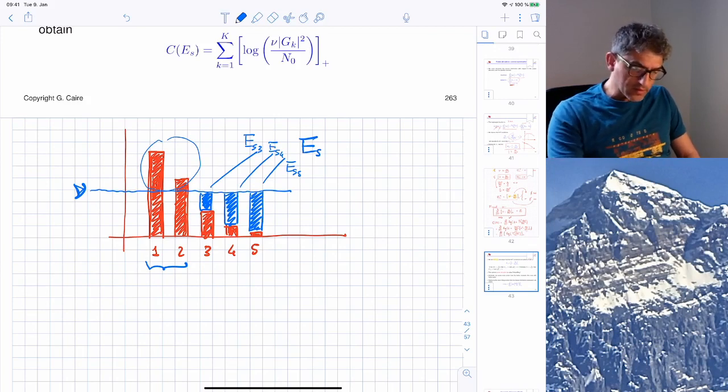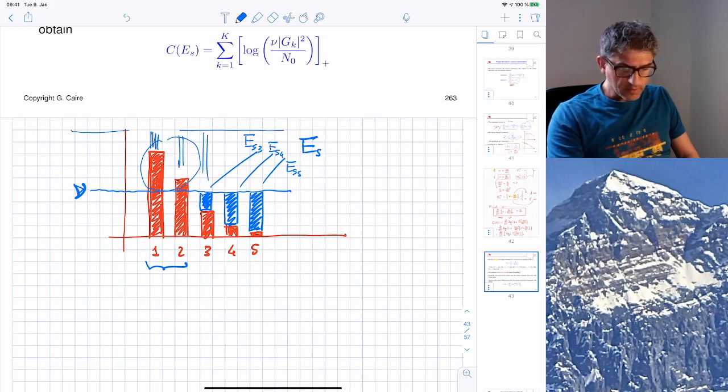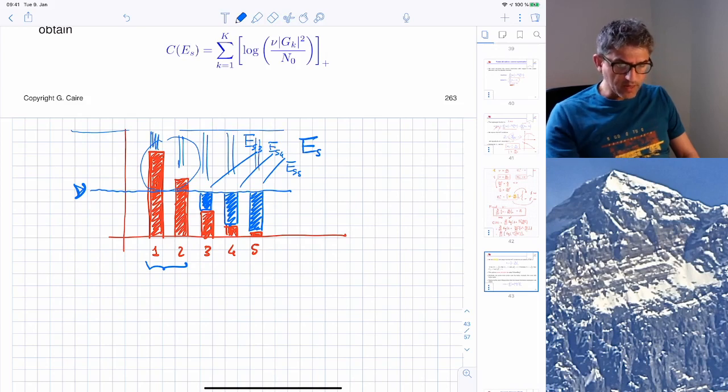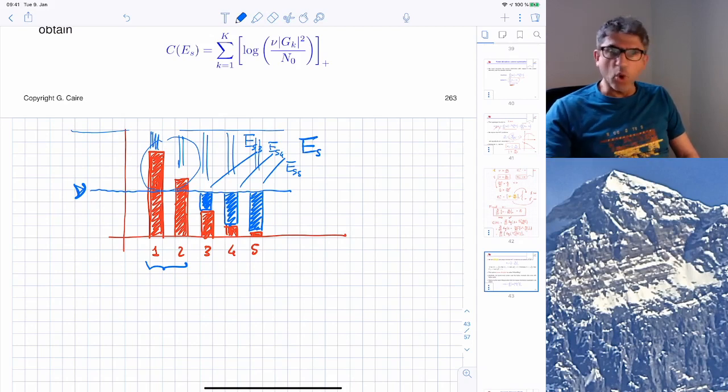Well, in this case, I can afford a much bigger nu. And then it may be that also the other channels, the bad channels, receive some positive energy. Eventually, for a very, very large total energy budget, all the channels will receive some energy unless their gain is zero.